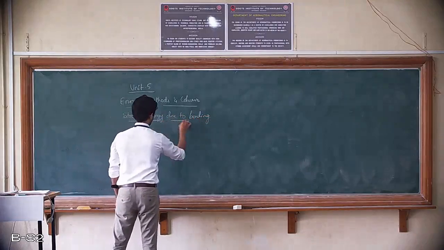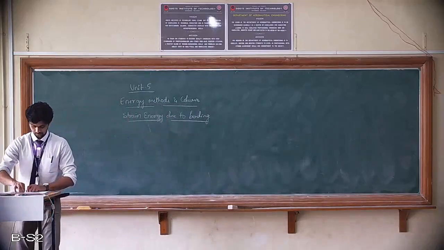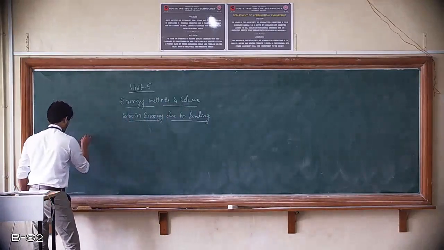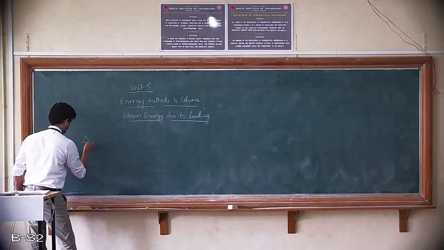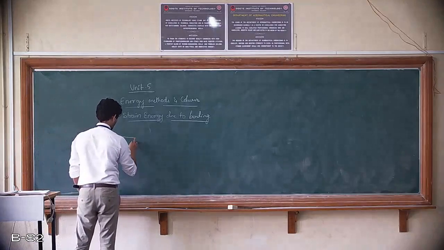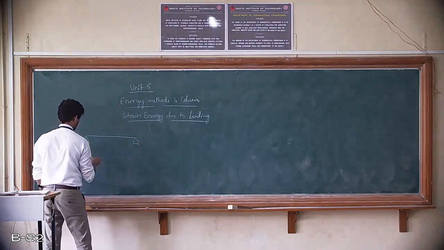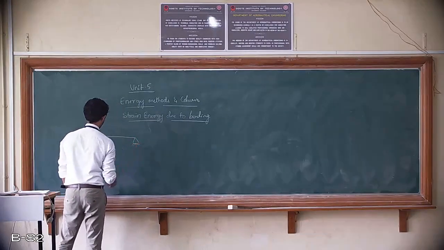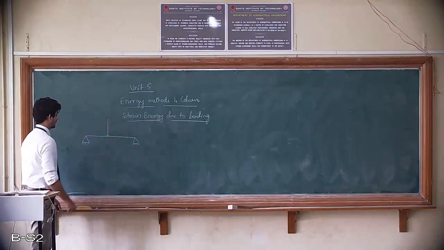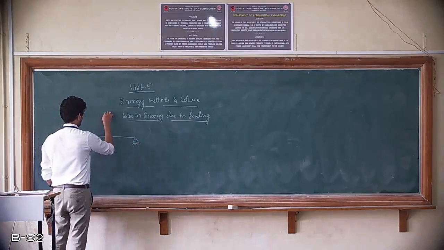Due to bending, for that, let us consider a diagram of a beam which is simply supported. And I'm just considering a simple load acting on that. So it can be uniformly distributed, uniformly varying, or a point load, or a combination of these.